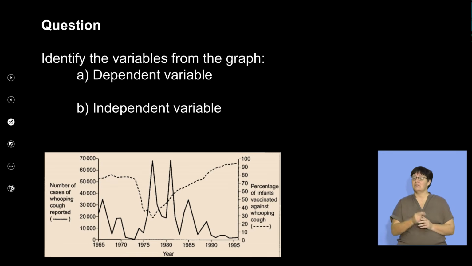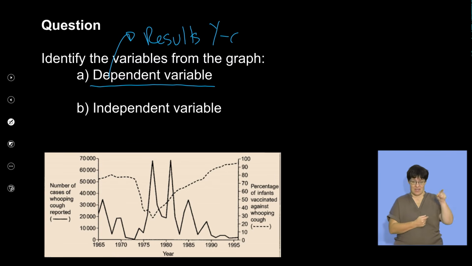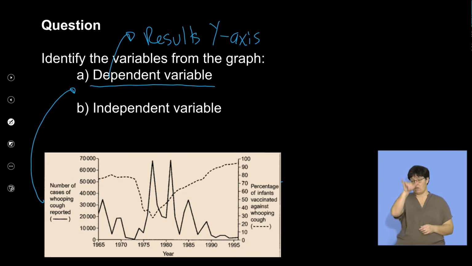Now, the first one, dependent. A dependent variable is the results. And our results are always going to be on the y-axis. Now, why did I say this is quite interesting is that for the first time, you've actually got two dependent variables. Now, those dependent variables are the following.